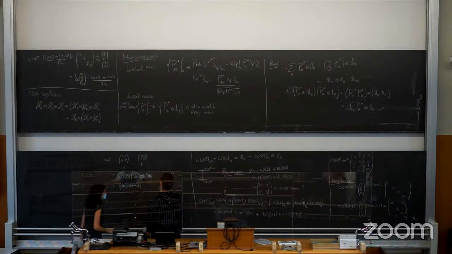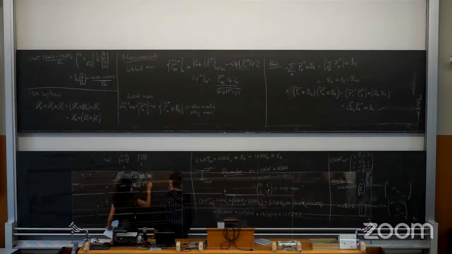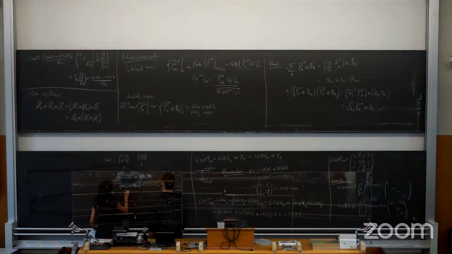And now I need to do it for every column. So let's see what I said the answer would be. I said it's going to be 0, 1, and here 0. So let's write it like this.